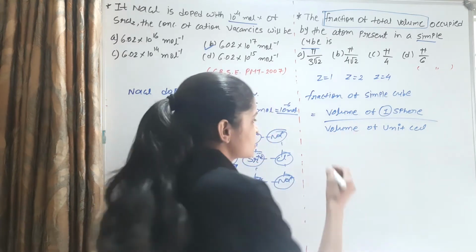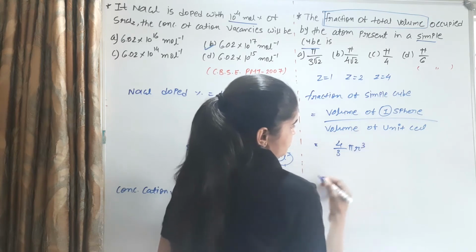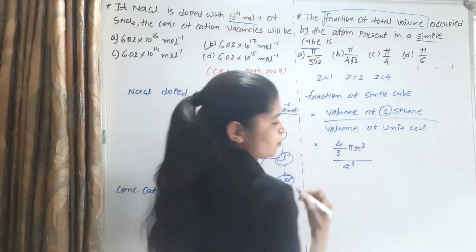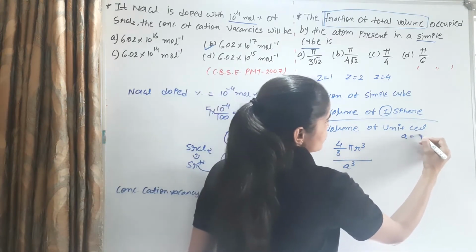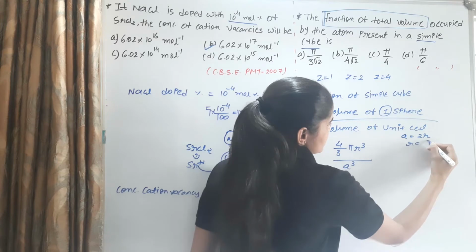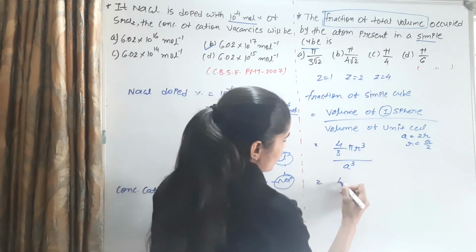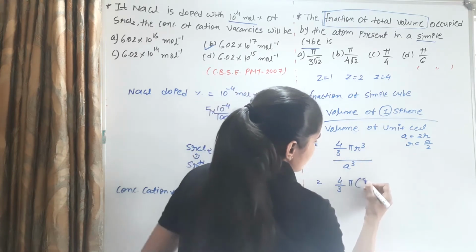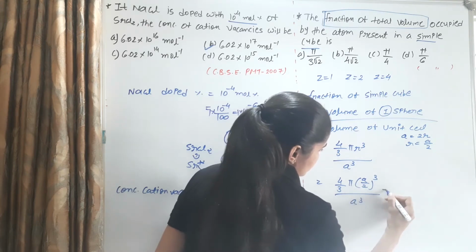Volume of one sphere is 4 by 3 pi r cube, and volume of unit cell is a cube. In the simple cube, a is equal to 2r, so r is equal to a by 2. So 4 by 3 pi into a by 2 whole cube upon a cube.